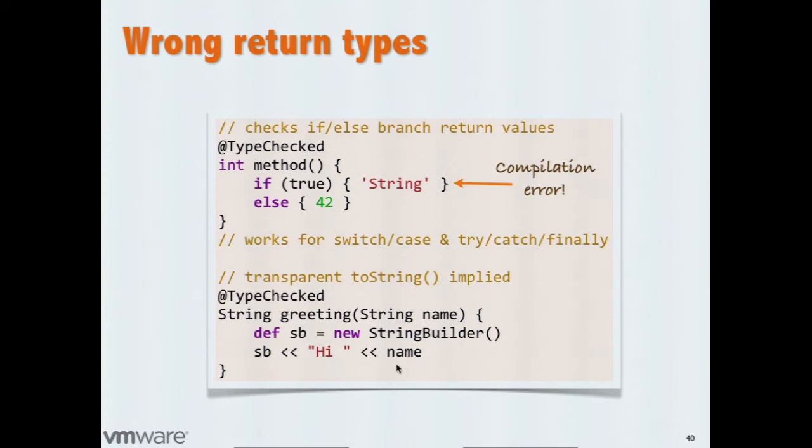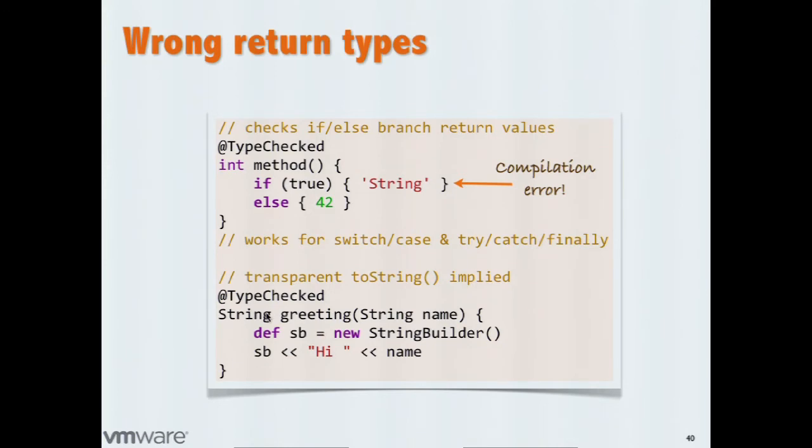And with some things like, for example, string builders, you can use that notation to append strings to your string builder. And automatically Groovy uses toString: although this is a string builder here, the value of that expression is the string builder, Groovy automatically calls toString when you return a string. So for that kind of thing, the Groovy compiler won't complain.